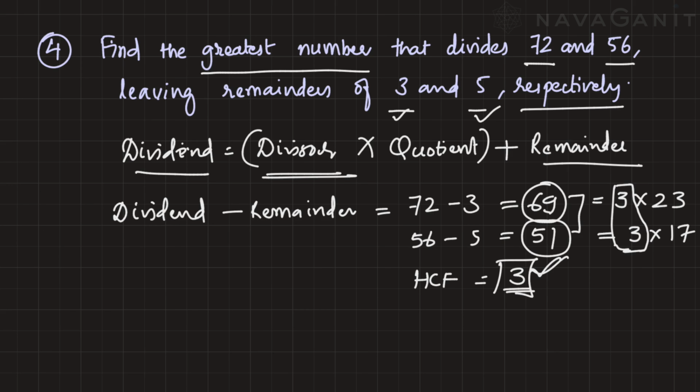So in this case, my answer is 3. How? If I take 72 and divide it by 3, where 3 is my divisor, the remainder will be 0, because 72 divides by 3 directly.